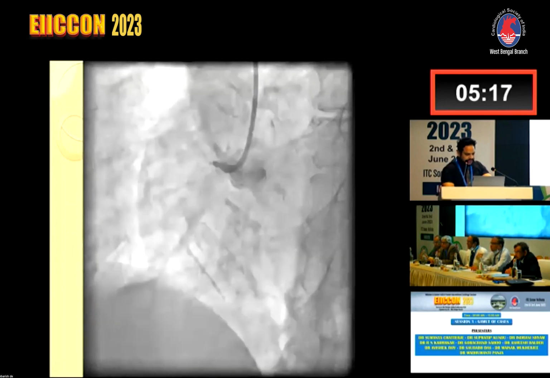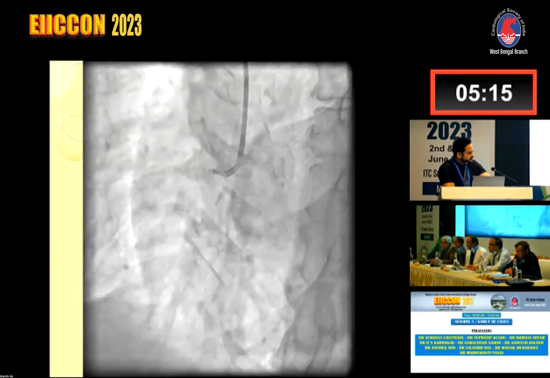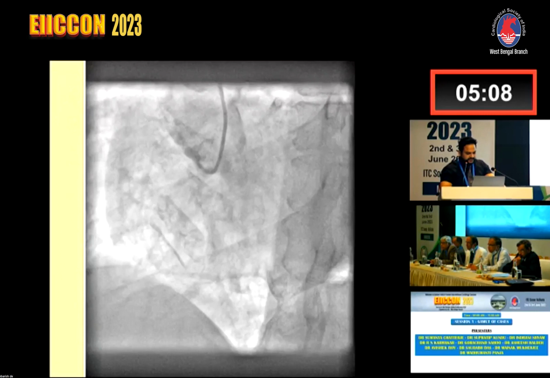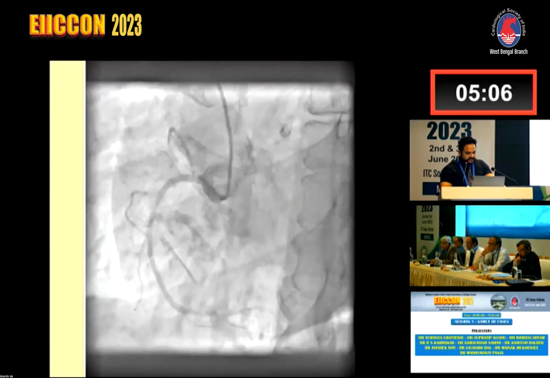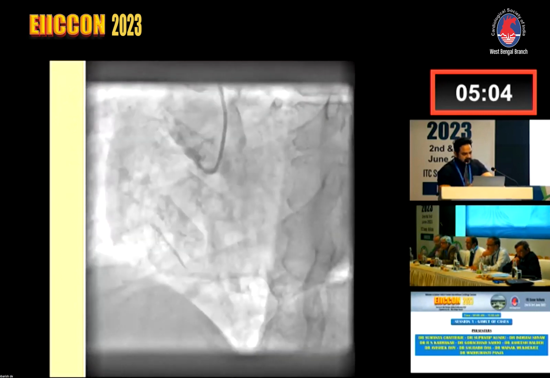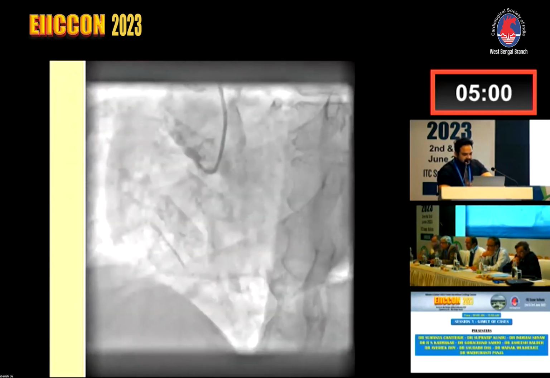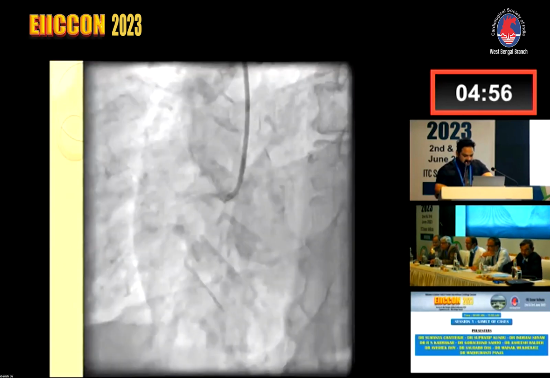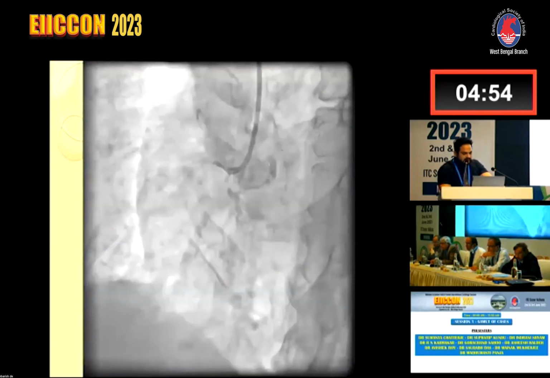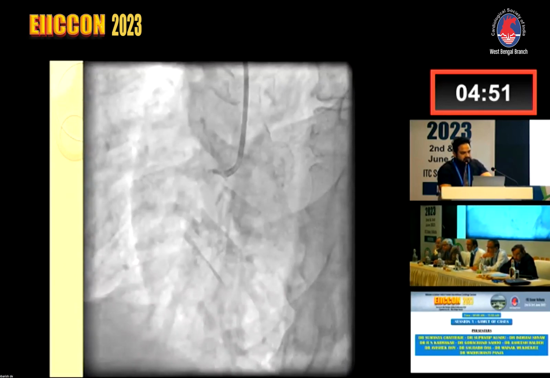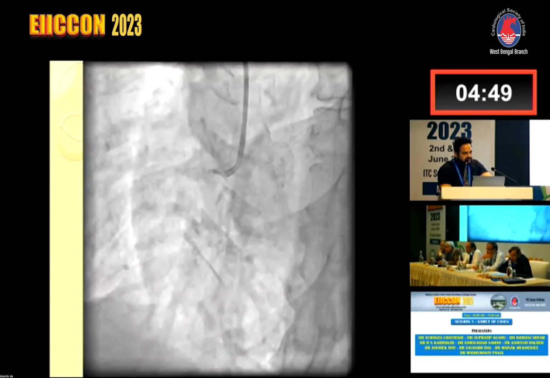When I took the shot, this was it. If you see the previous slide, this was a normal right coronary artery, and there was some staining of the dye at the ostioproximal end. The subsequent angio showed complete occlusion of the RCA from the ostial end.